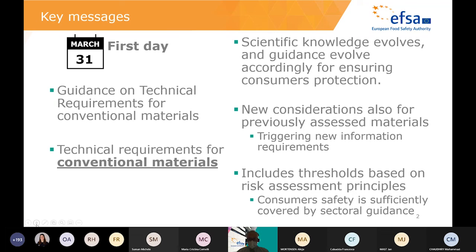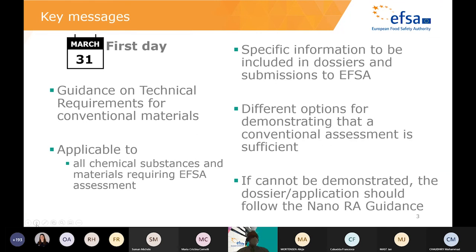Conventional materials, other provisions for nanomaterials do not apply, but they need risk assessment at the nanoscale. And this means specific information. So we have been able to clarify this information in the guidance and technical requirements. You have different options, and if not, then you will need to apply risk assessment considerations in your guidance.